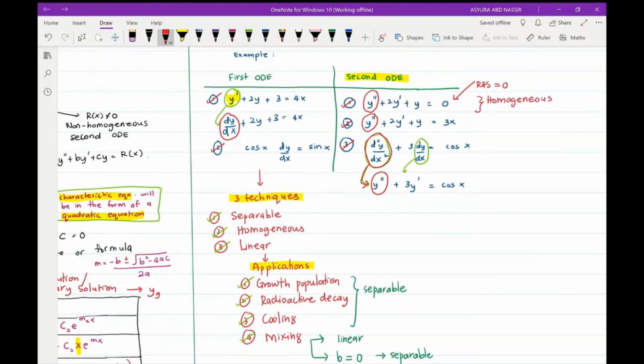If your right hand side does not equal 0, then we call it a non-homogeneous second order ODE. Later on we will see examples of the form of homogeneous and non-homogeneous second order ODE.